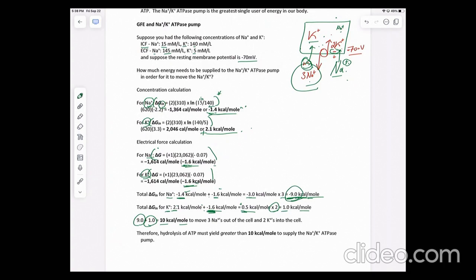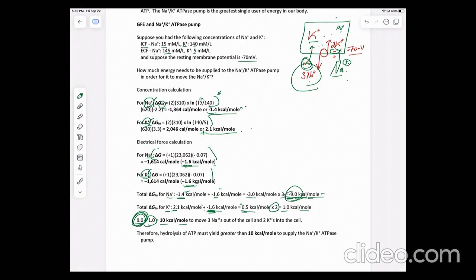That's how much energy is released. So pushing sodium out, my reference point is going to be 9 kilocalories put into the system. You see the flip there? This is telling me how much energy is going to be released if 3 sodiums go in, but I want to push 3 sodiums out, so I got to flip that sign to make it 9.